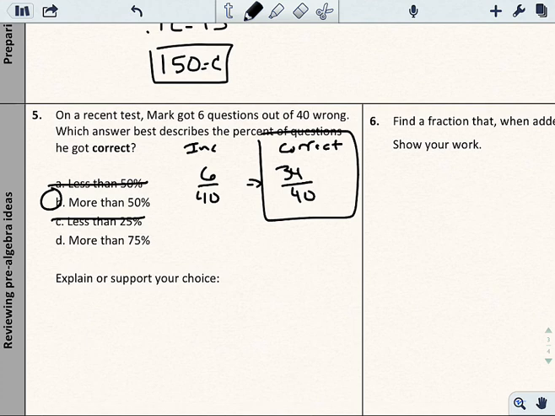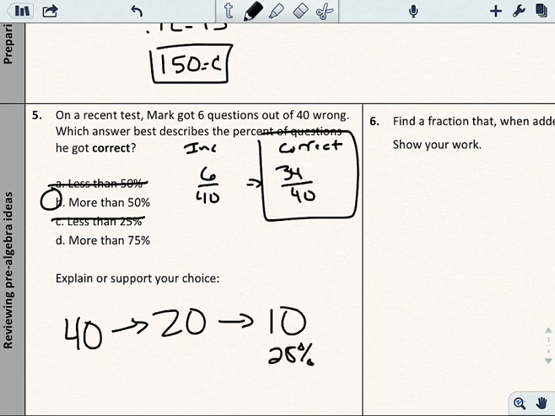So check this out. If I take half of 40, I get 20. So 20 out of 40 would be 50%. But if I take half of 20 again, I get 10, which has to represent 25%. So I'm looking at 34, and I'm looking at 50 and 25%.